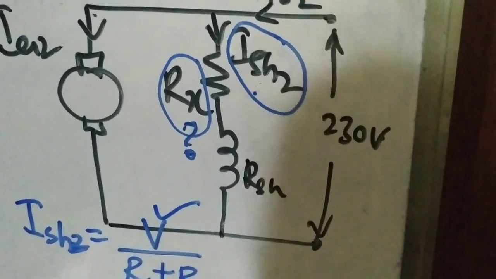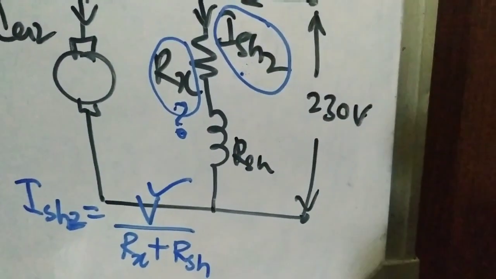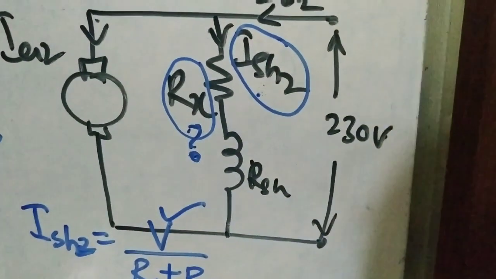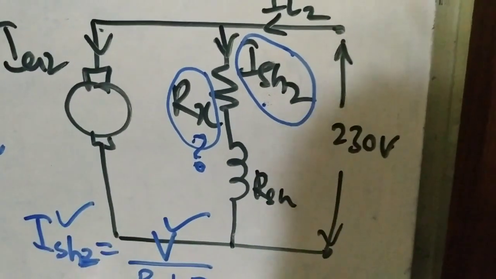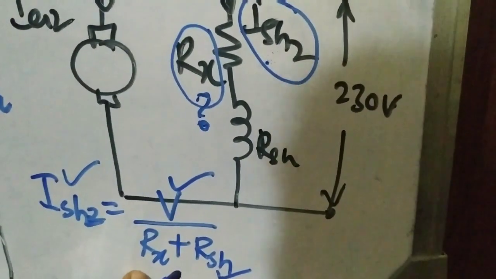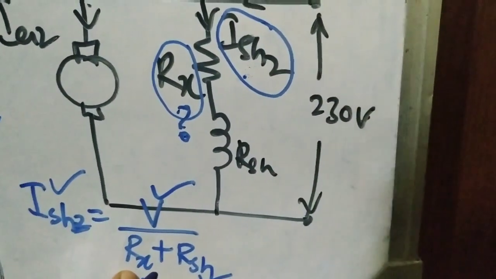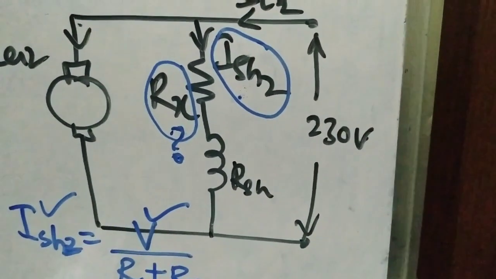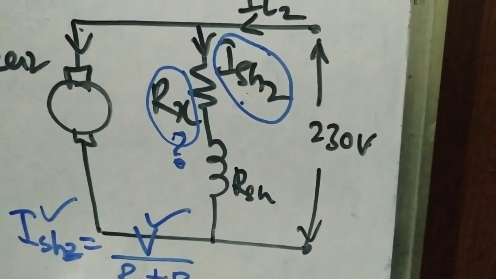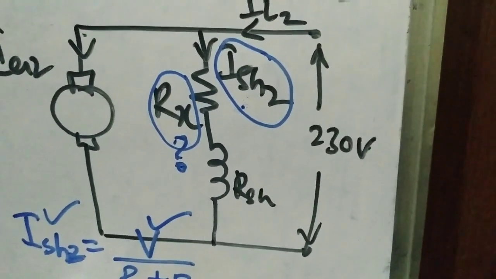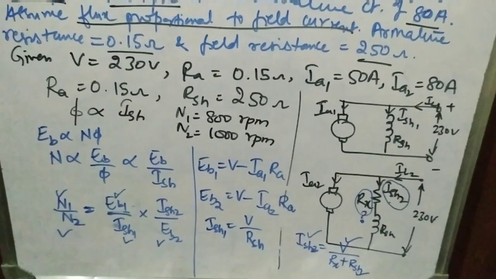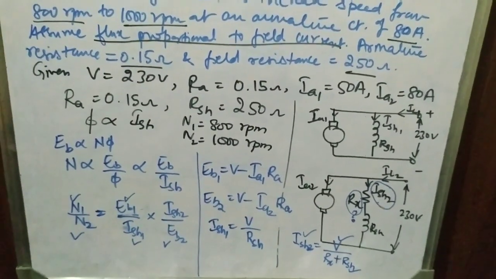Voltage is given, and the shunt resistance is also given. With I shunt 2 found just now, we can find Rx. In this problem, you will get Rx as 69 ohms. Please check that. So this is how we can easily solve this 2C question.